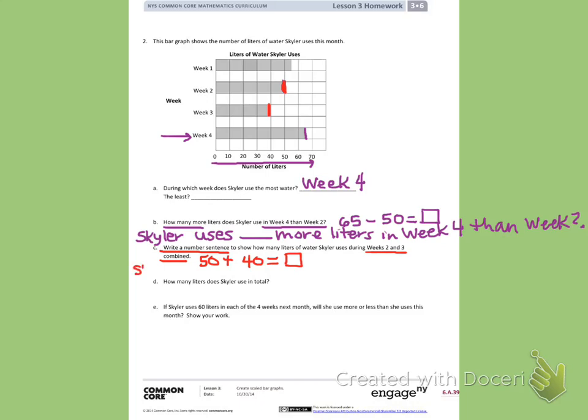Skylar uses blank liters of water in weeks 2 and 3 combined.